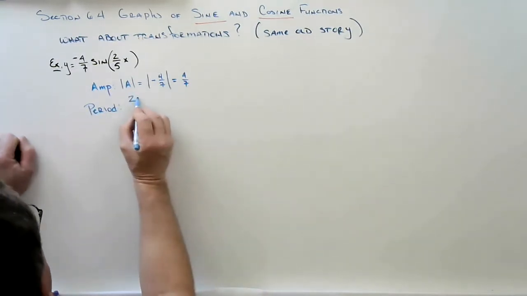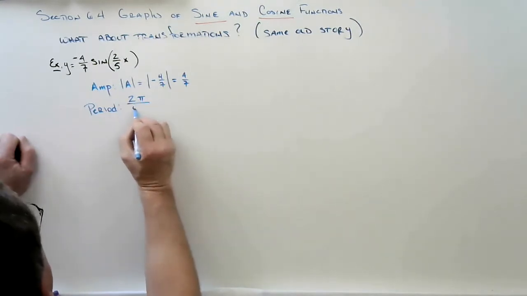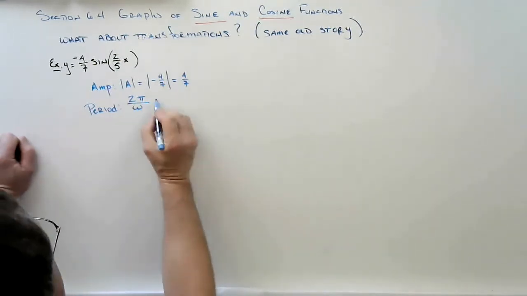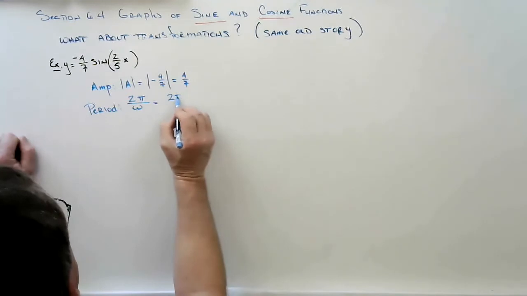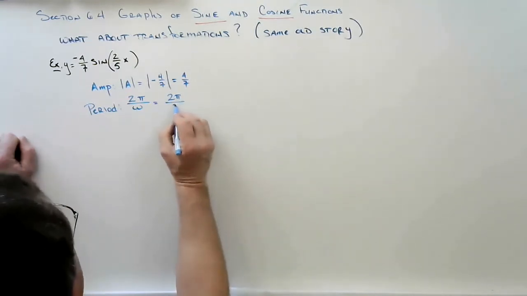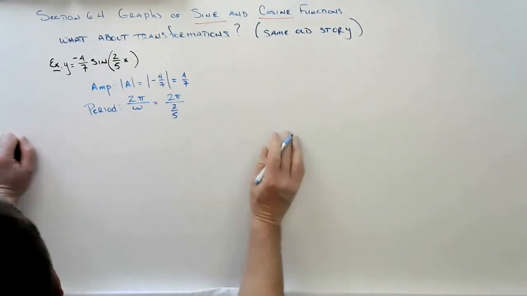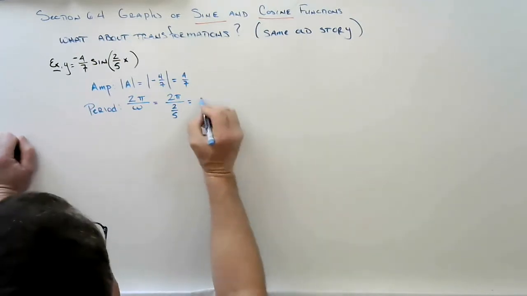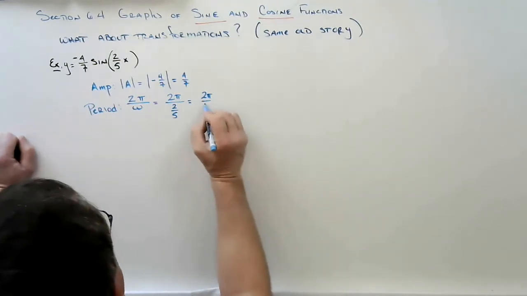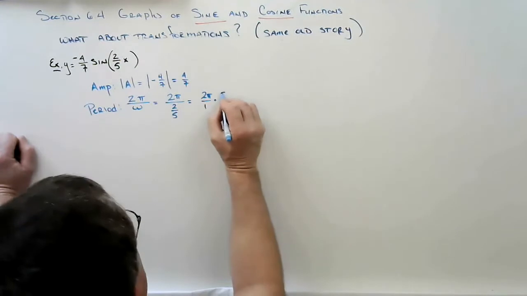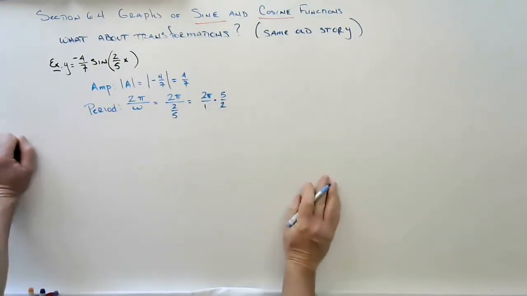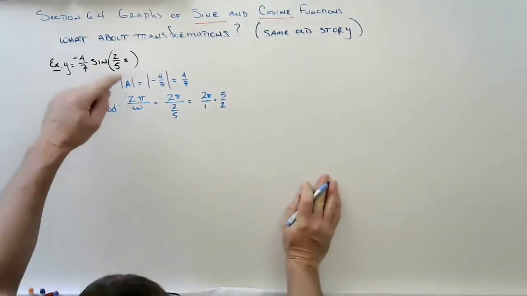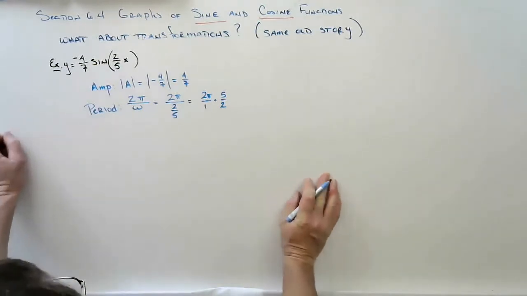Well, it's 2 pi divided by omega. That's going to be 2 pi. Omega is 2/5. Now that's going to take some arithmetic, right? That's 2 pi over 1 times 5/2. Okay, so I didn't want the 2 to cancel.